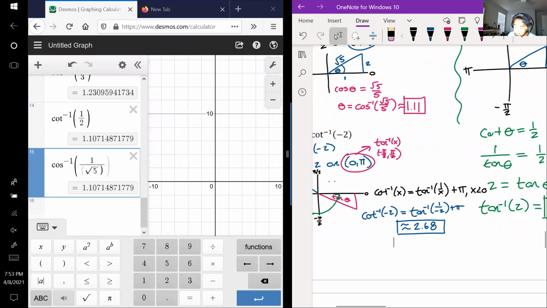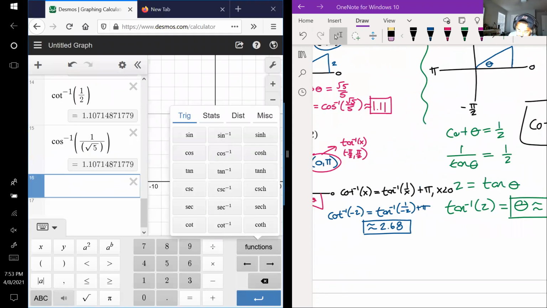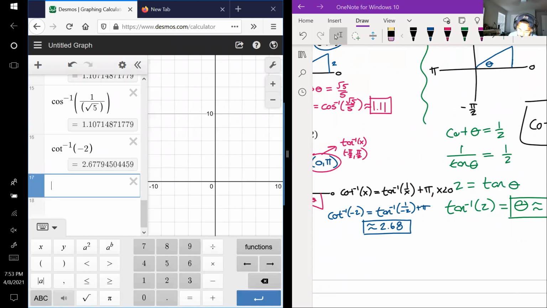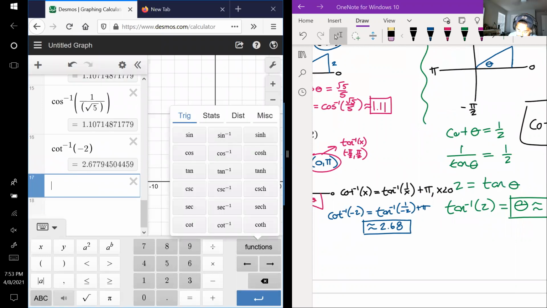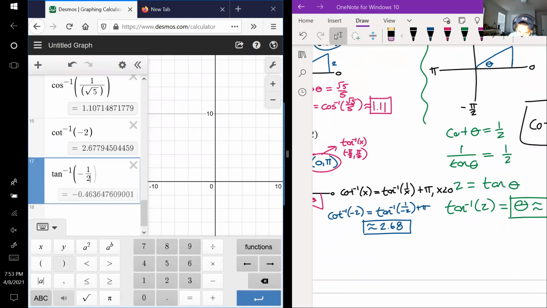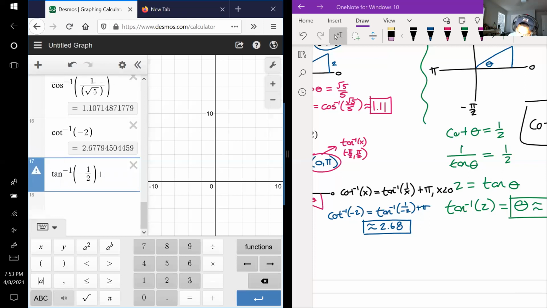Yeah. So again, just to show you, if I said the inverse cotangent of -2, we get 2.68. If I say the inverse tangent of -1/2 plus pi, we get 2.68.